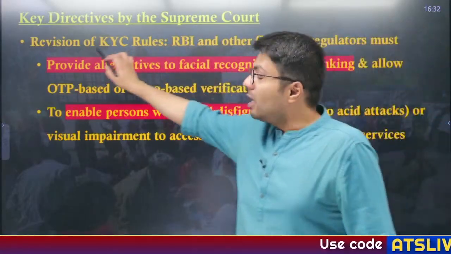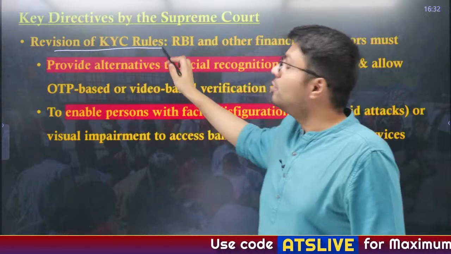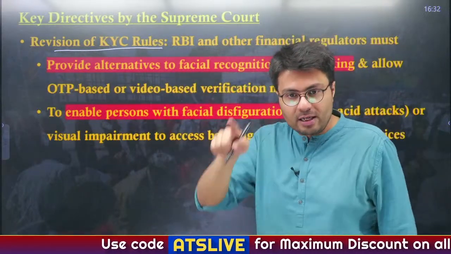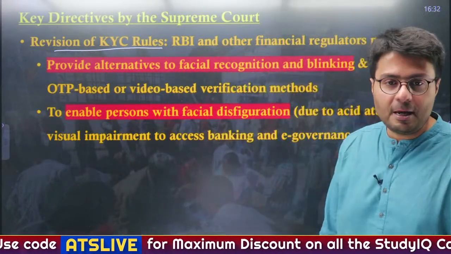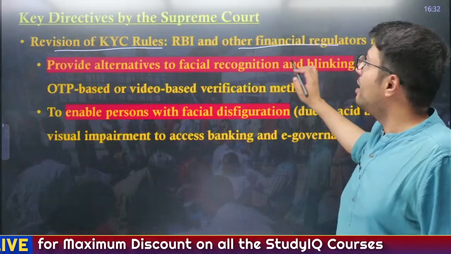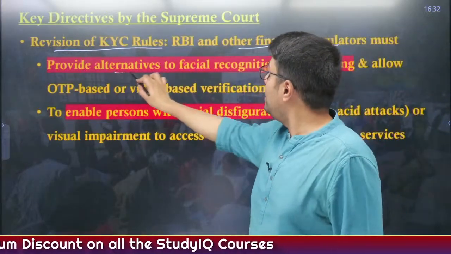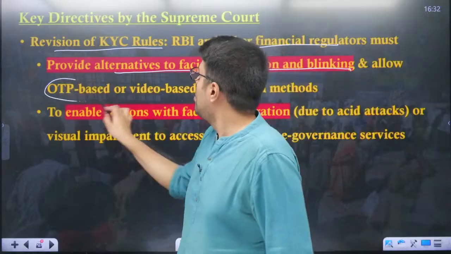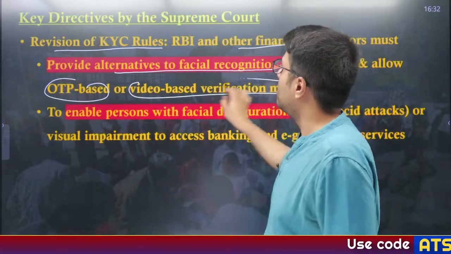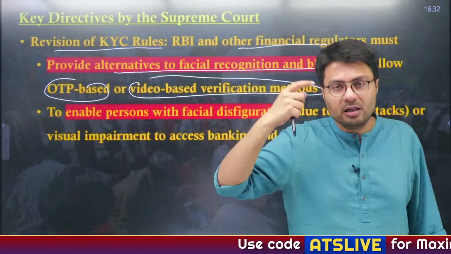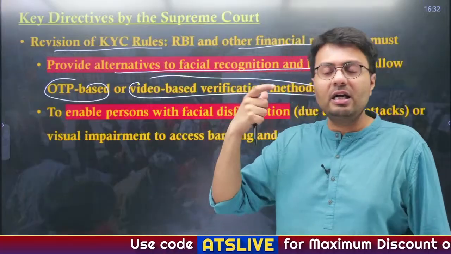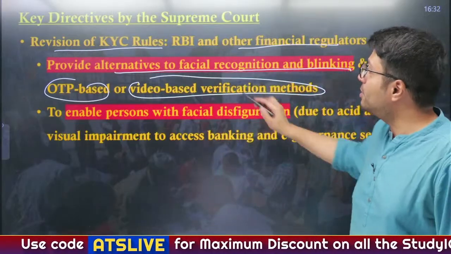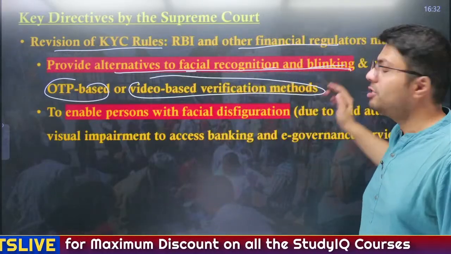So the Supreme Court has mandated a revision of the KYC rules. You understand what is KYC? Please let me know the full form of KYC. RBI and other financial regulators must provide alternatives to facial recognition and blinking and allow even OTP-based or video-based verification methods. Suppose a person does not have an eye or has a certain kind of visibility defect, that person won't be able to provide facial recognition or blink.